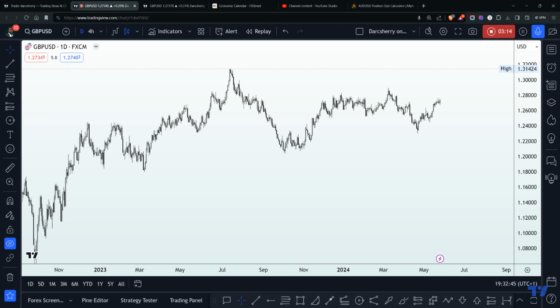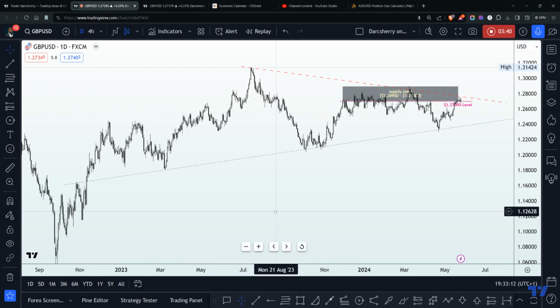So, my first point of contact for this week is going to be right here on the daily time frame, where we do want to be taking into consideration a holistic perspective into what has been going on in this particular market. So, right here on the daily time frame, after taking into consideration the character of price action since the month of November of last year, it is quite obvious that price action has been bullish, as you will see here.